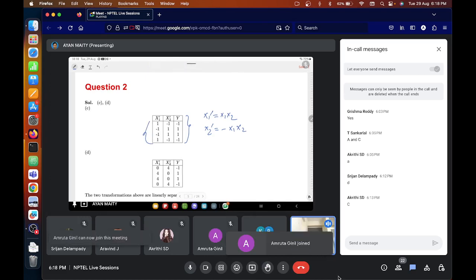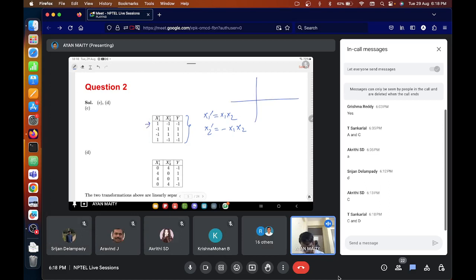And now if we plot these points, the first point is 1 minus 1, so this is a 1 minus 1 point.